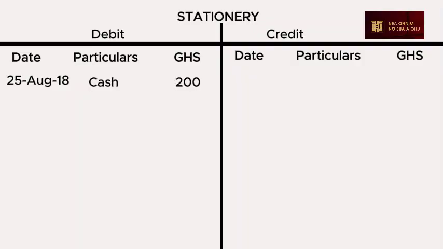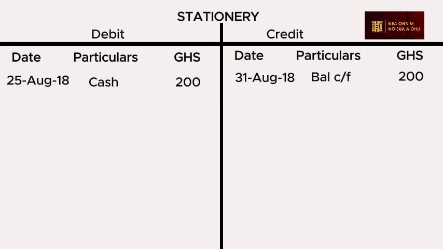Great. Now let's look at the two final accounts. The stationery account. So for the stationery account, you'd realize that on the debit side, there's total stationery of 200 Ghana cedis with 0 on the credit side. So we're going to have balance carried forward of 200 on the credit side.